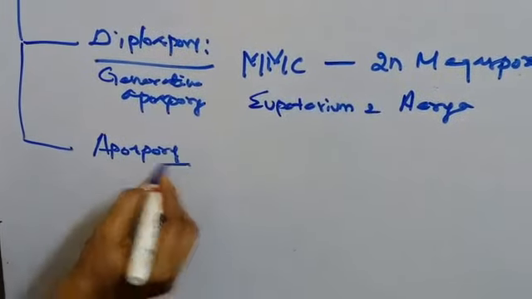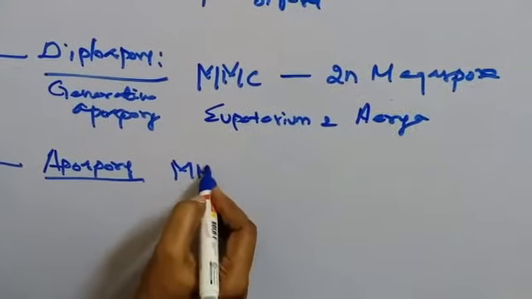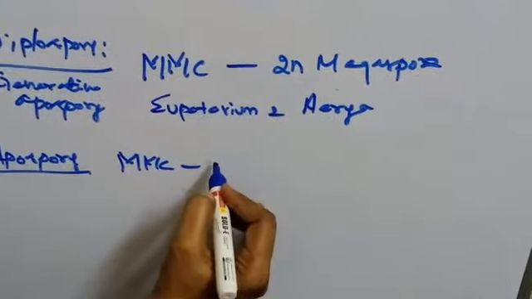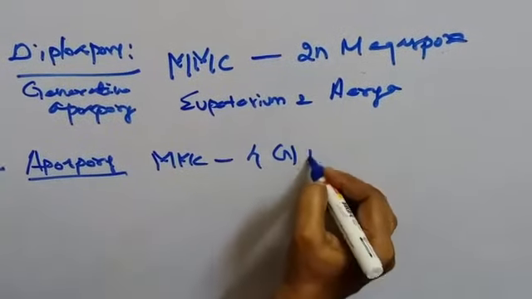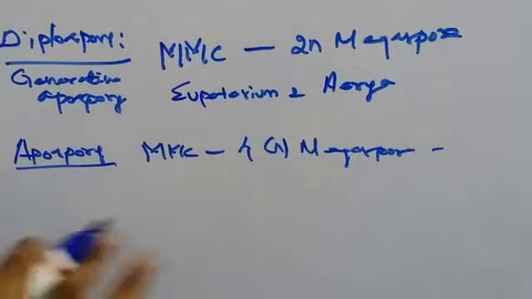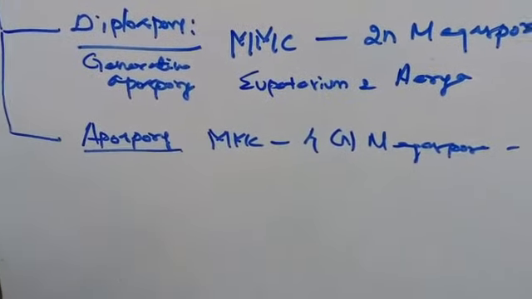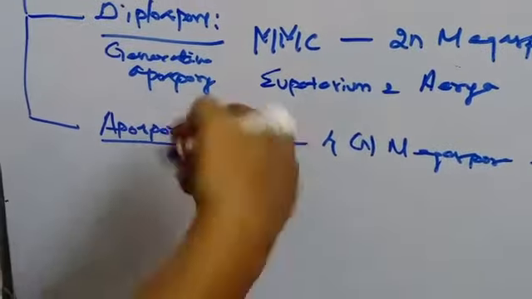The third type is apospory. Here, the megaspore mother cell gives four haploid megaspores. What happens to these four haploid megaspores? They disappear. Then how does the embryo sac develop?